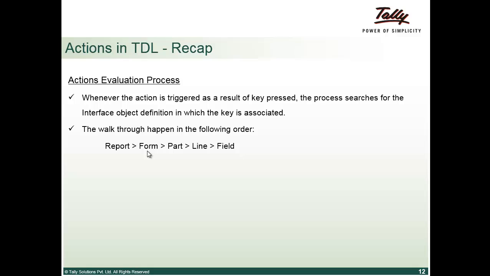So it starts searching from report to the field, and whichever is lower in the hierarchy gets the higher priority. That is, the Ctrl C key which is specified in the field will get the higher priority, and that particular action will be executed.